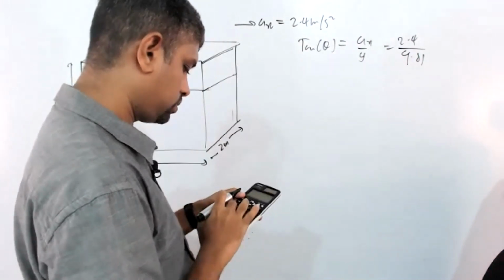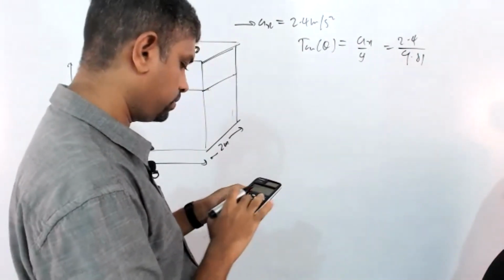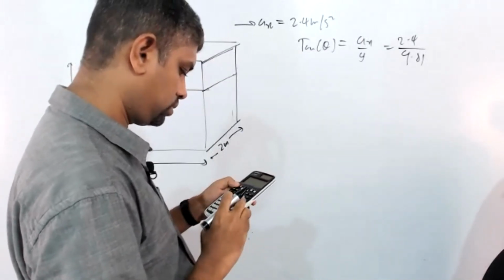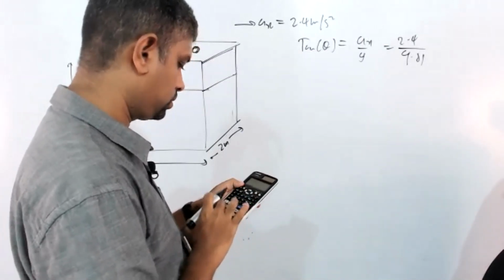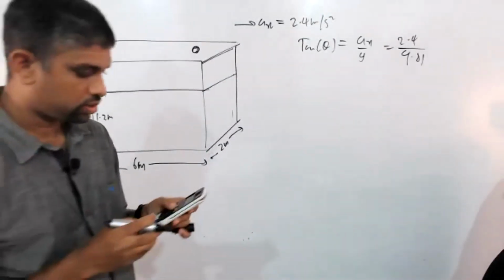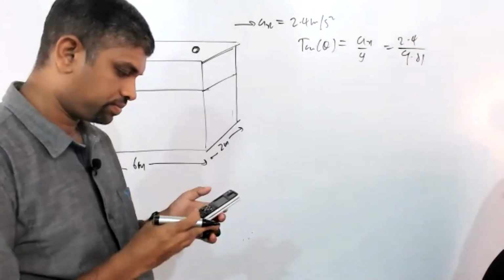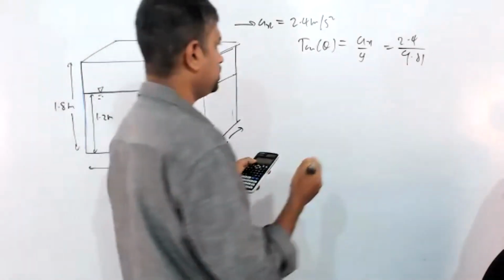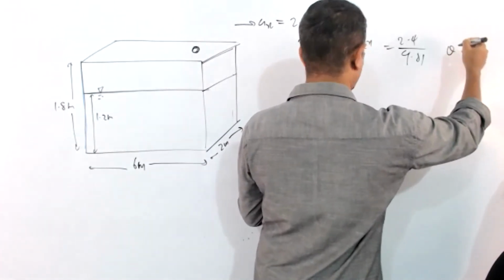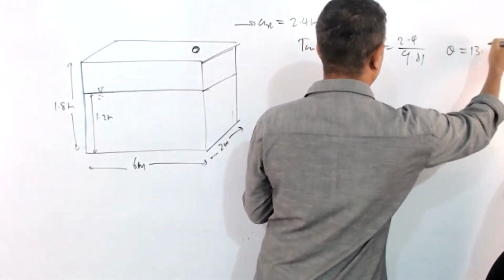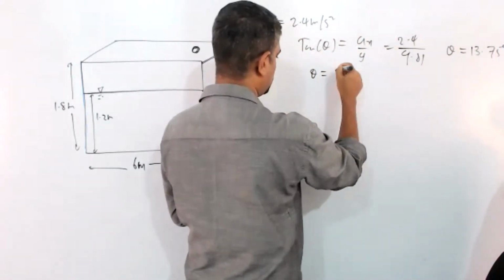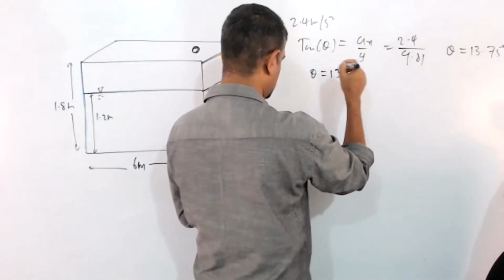Tan inverse 2.4 over 9.8. Theta is 13.75.